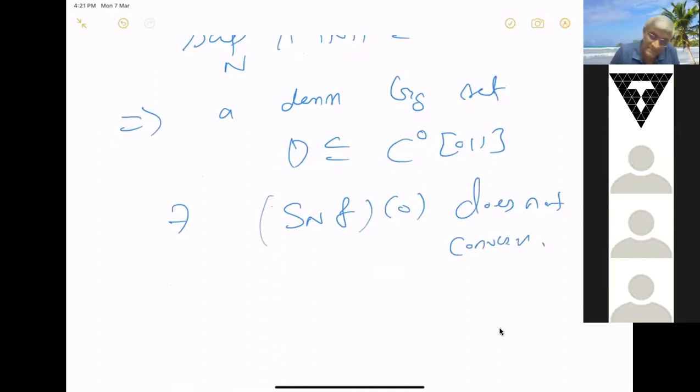So the Fourier series does not converge pointwise at 0, for example. It diverges for a dense subset of C01.